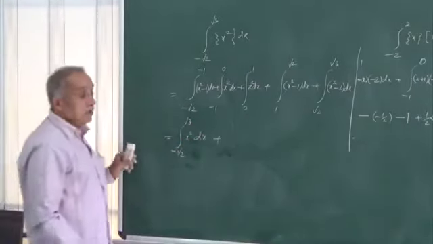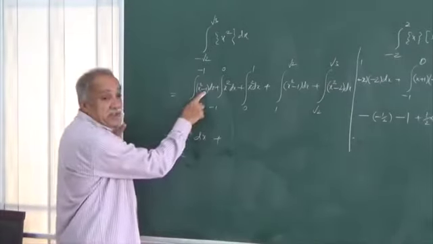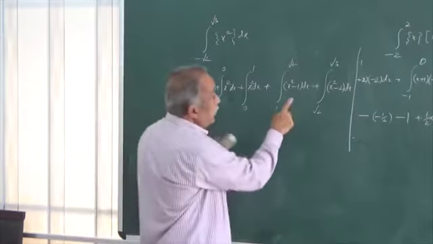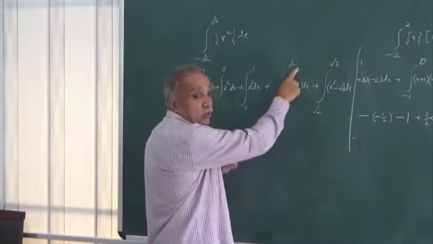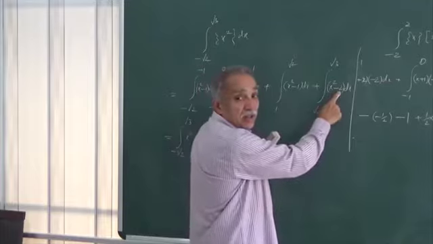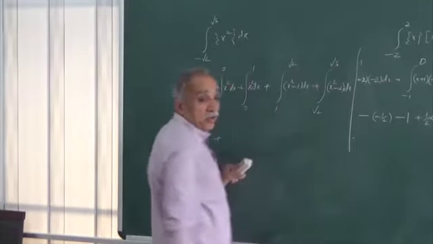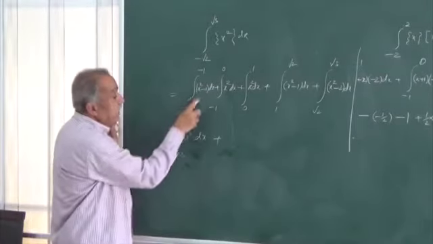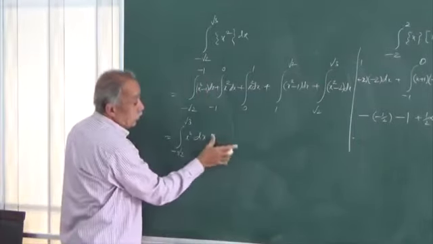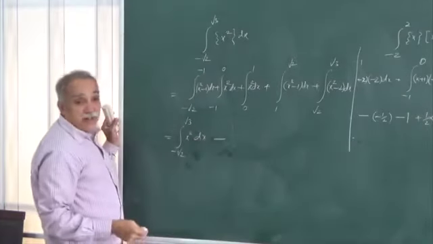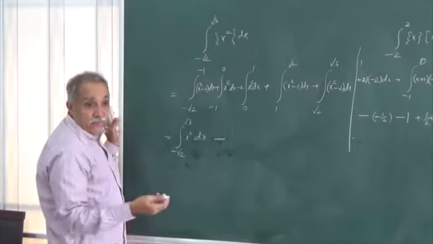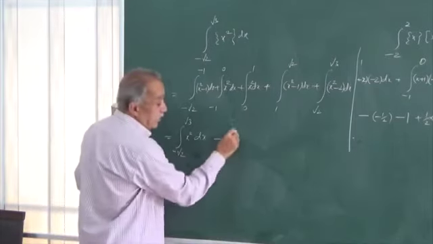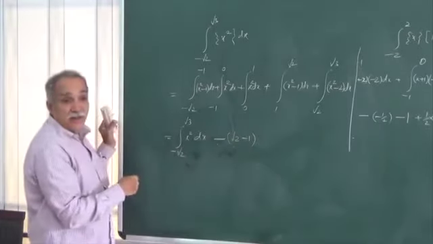The portions uncovered now are: one is the integral of minus 1 from minus root 2 to minus 1, then the integral of minus 1 from 1 to root 2, and then the integral of minus 2 from root 2 to root 3. These are to be recorded separately. This minus 1 integrated from minus root 2 to minus 1 will give you minus of, agreeable?